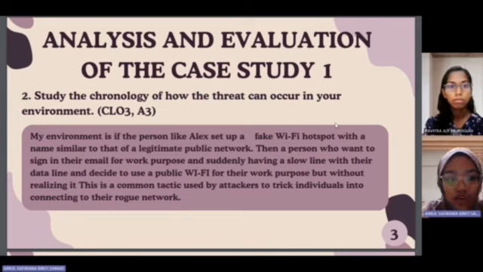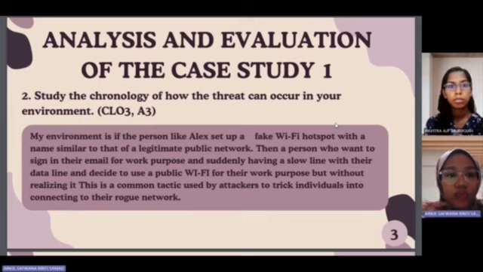question is to study the chronology of how the threat can occur in your environment. In my environment, a person like Alex sets up a fake Wi-Fi hotspot with a name similar to that of a legitimate public network.